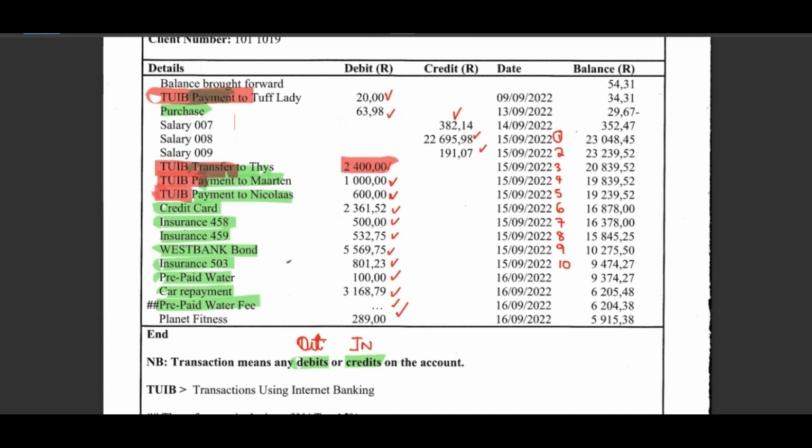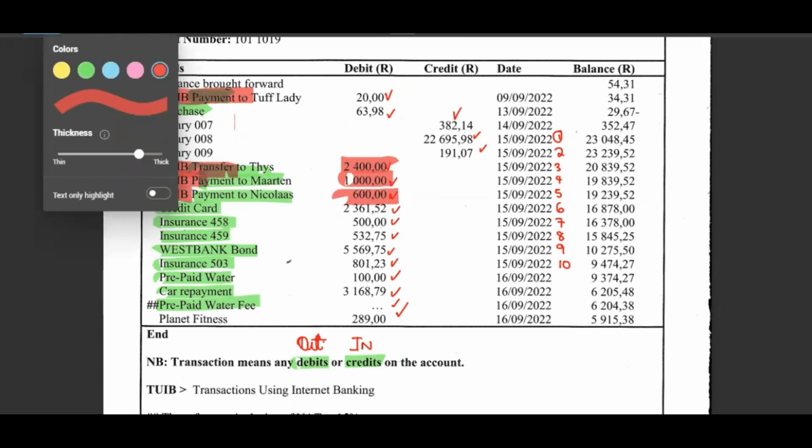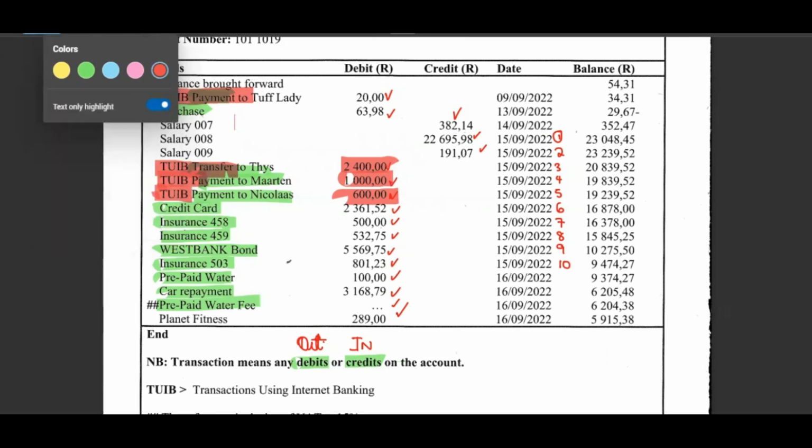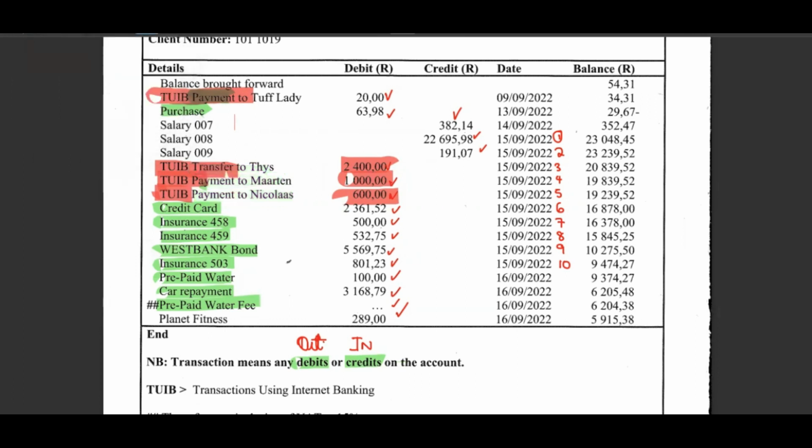We have that, that, and that. And this one is there also.